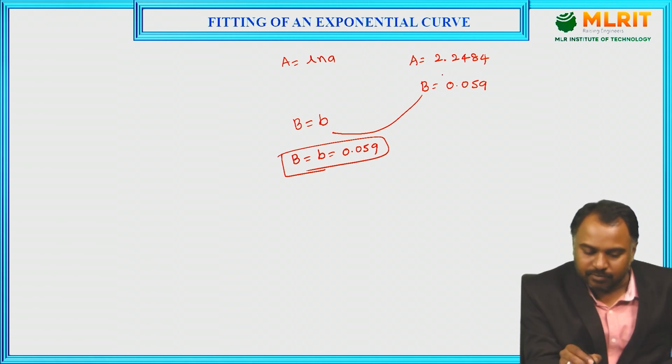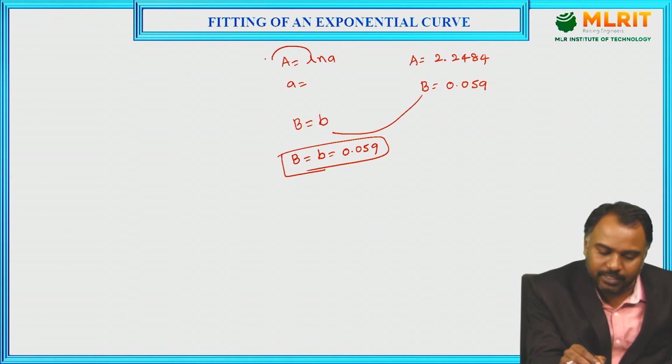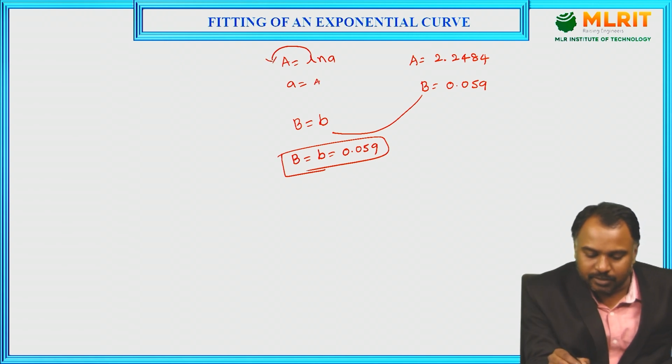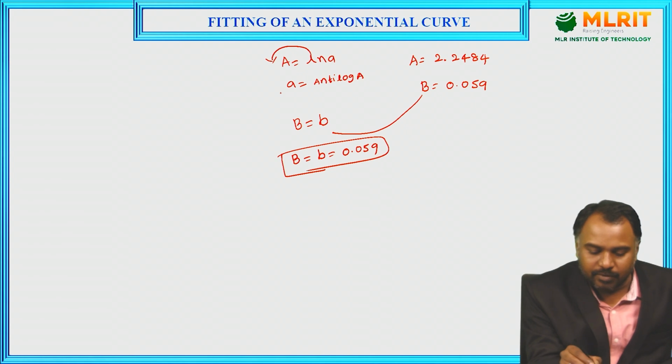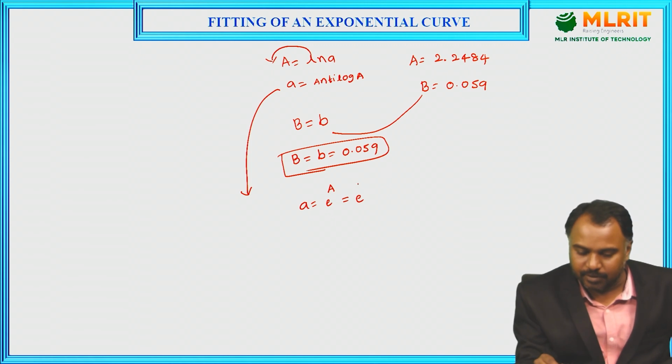Now for the first one, small a is required. If you take this to our side, we are saying that it is the anti-logarithm of A, where the anti-logarithm of A is e power A, where the capital A value is 2.2484.